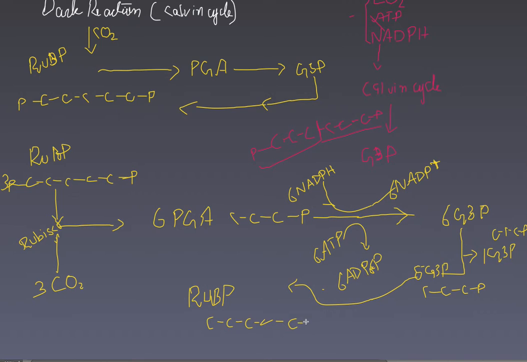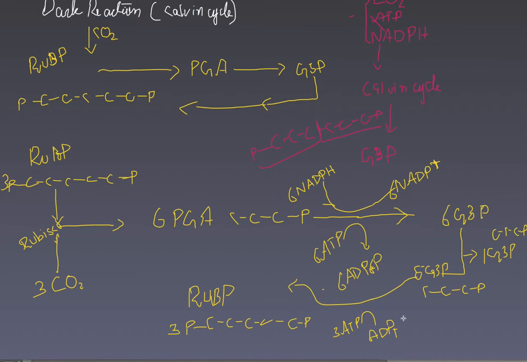You end up with essentially 3 of these molecules. If you count the number of carbons, you have 3 and 5 carbons right here. 5 times 3 is 15, and here you had 5 molecules of 3 carbon, 5 times 3 is 15, so eventually it's the same thing. And another 3 molecules of ATP are used for this process.